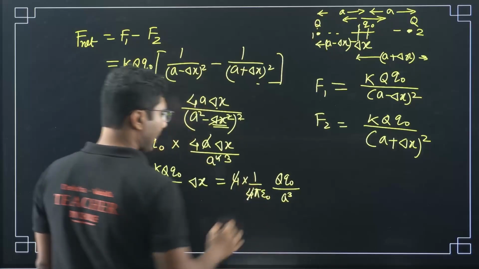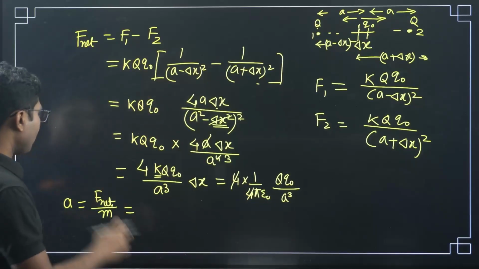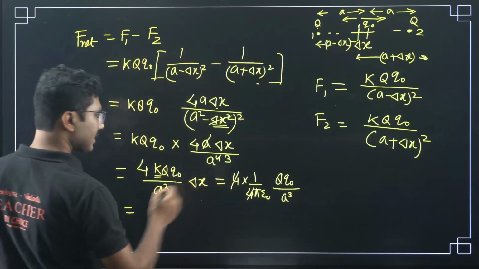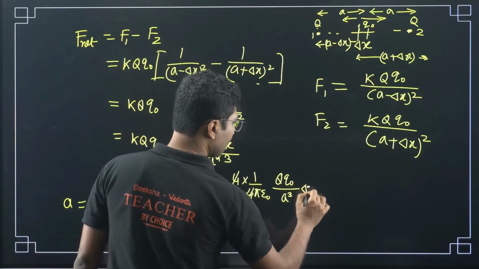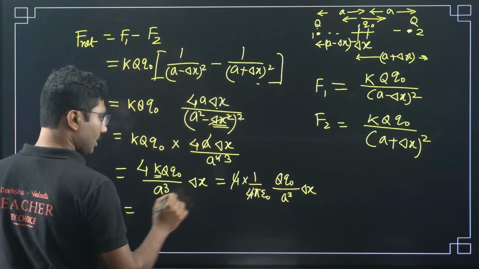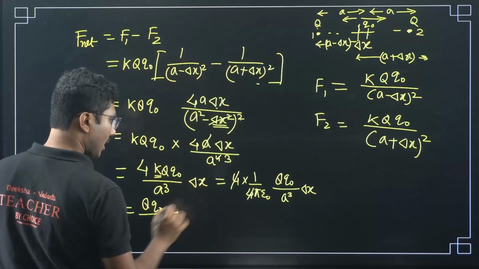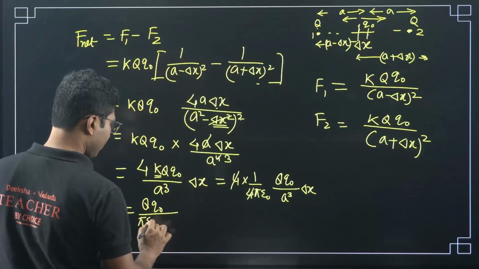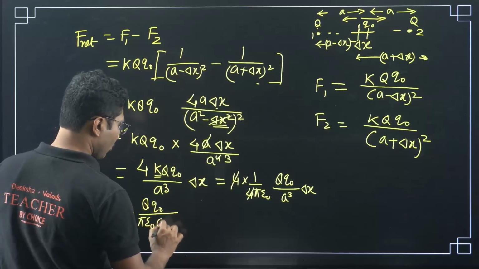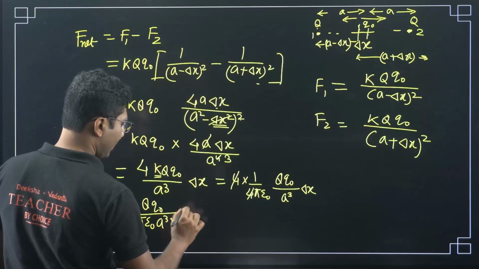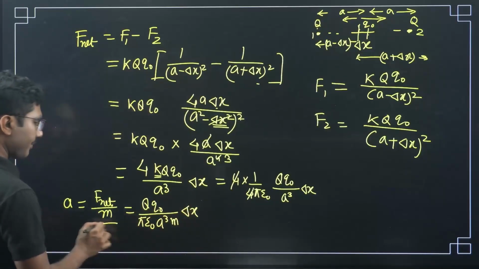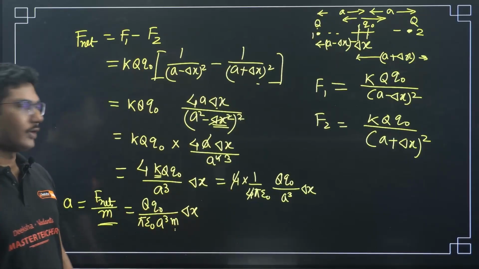So 4 cancels. Okay, so what is the acceleration? Acceleration is given by, there is a delta x also. So you get this as q naught by pi epsilon naught a cube m delta x. So you have divided by m, that's why this m is appearing over here.